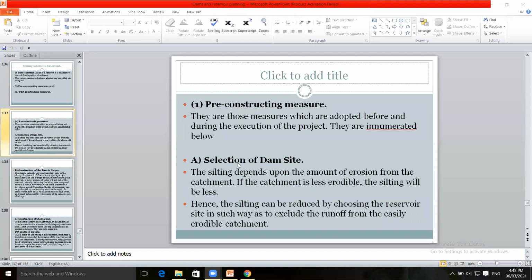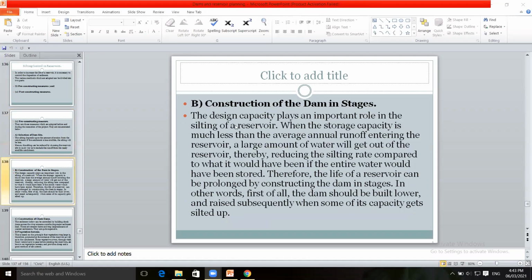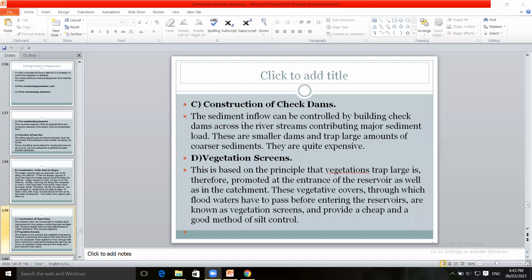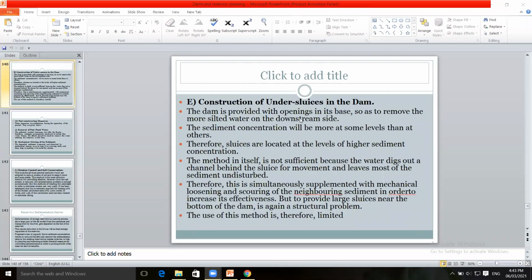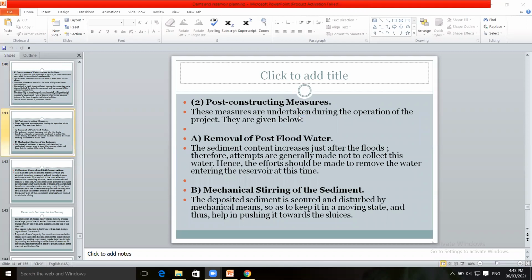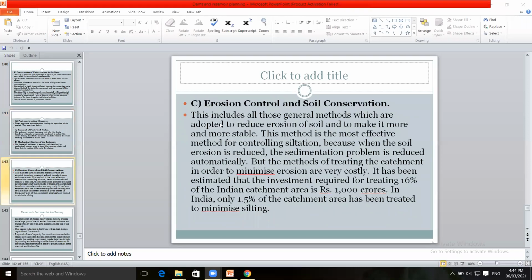In that we have seen selection of the dam site, construction of the dam in stages, construction of the check dam, vegetation screens, construction of the undersluices in the dam. These are the pre-construction measures. Then we have seen post-construction measures: removal of the post-flood water, then mechanical stirring of the sediment, and third one is erosion control and soil conservation.